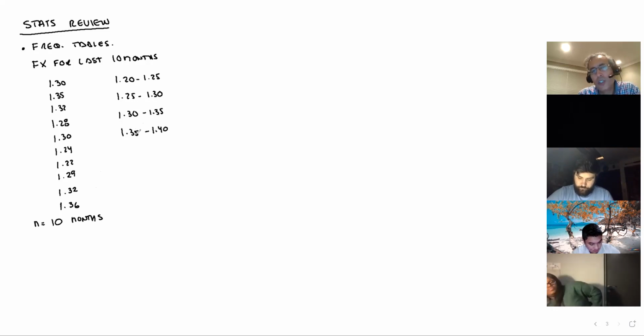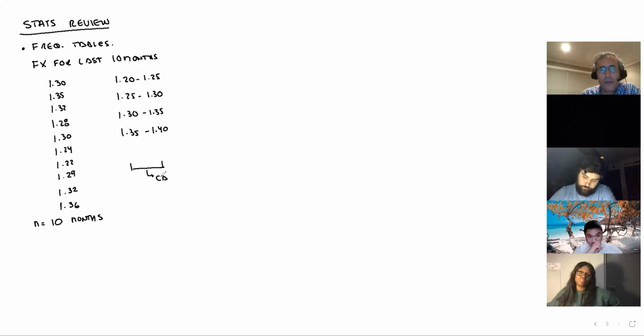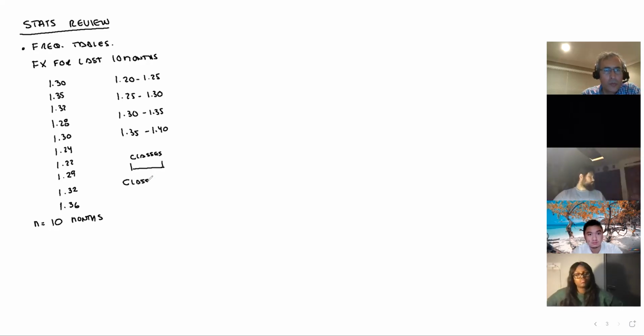These are called classes, and the upper and lower values are called class limits.